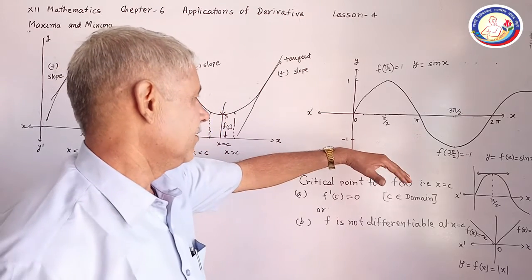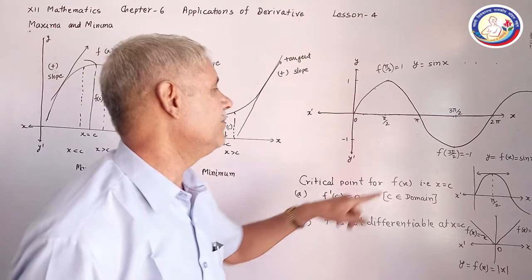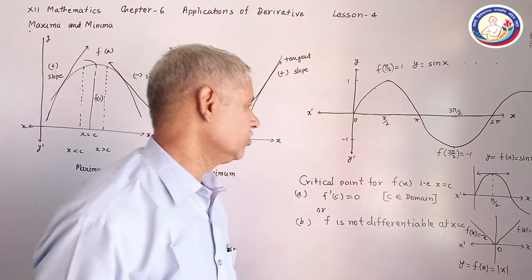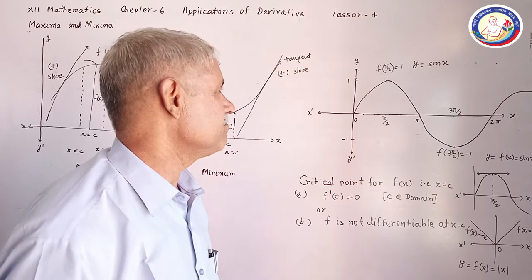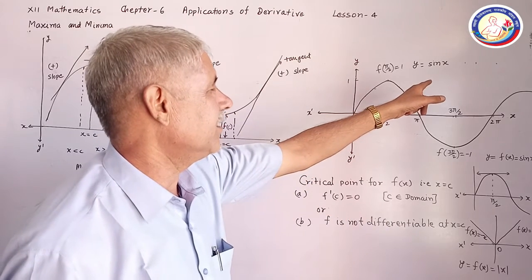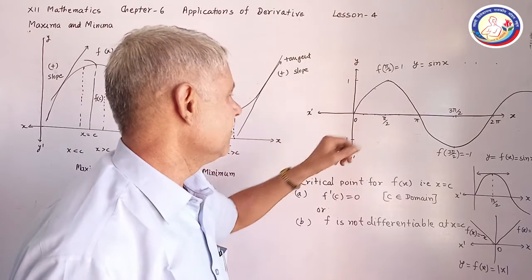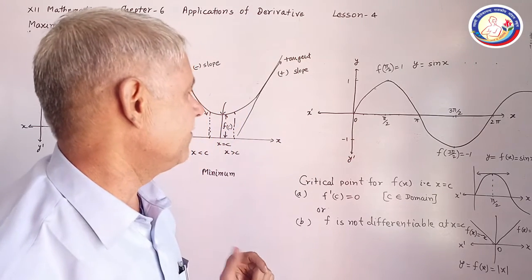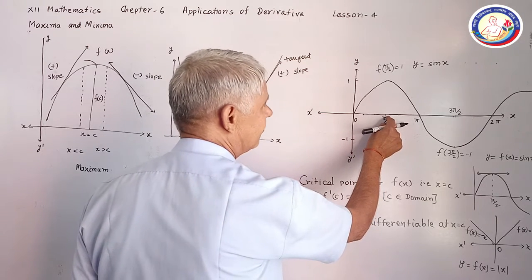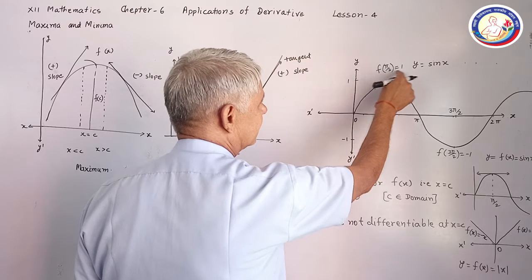We know that the maximum value of the sine function is 1 and the minimum value is minus 1. For any angle, the value of the sine function is between minus 1 and 1. Here, if we observe this graph, for x equal to pi by 2, the value of the function is 1.